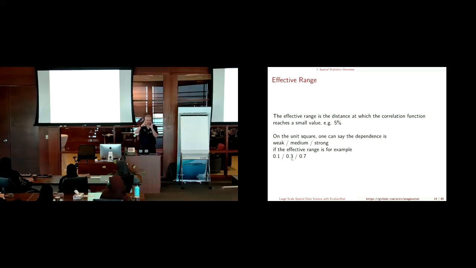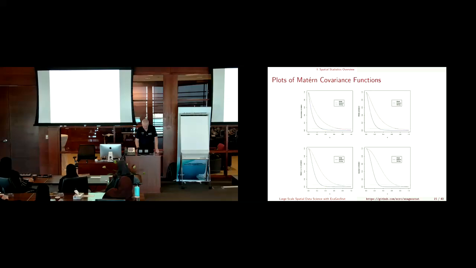If you think about the unit square, from 0 to 1 and 0 to 1, a distance of 0.1 is very small, right? So you would say this is weak dependence. A distance of 0.3 is kind of medium, and a distance of 0.7 is kind of strong. Okay, so that's a classification, if you want, of different types of dependence.